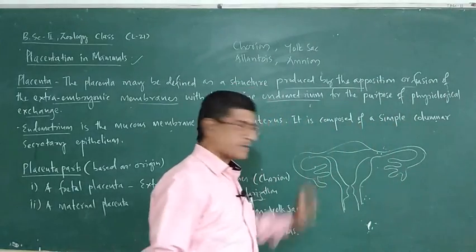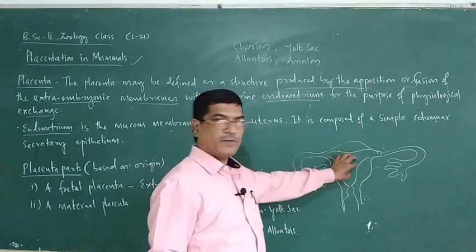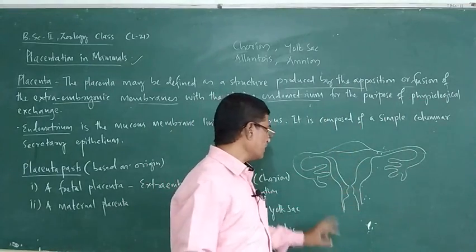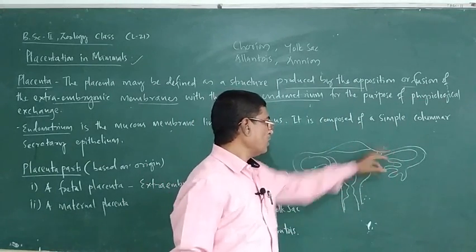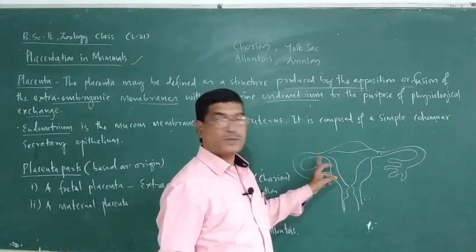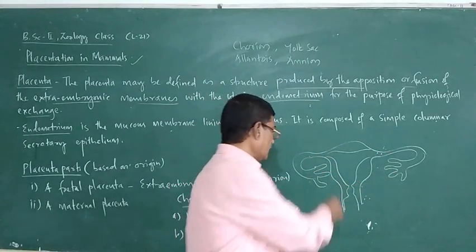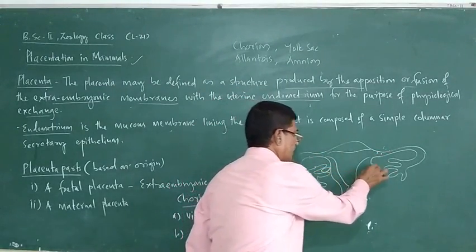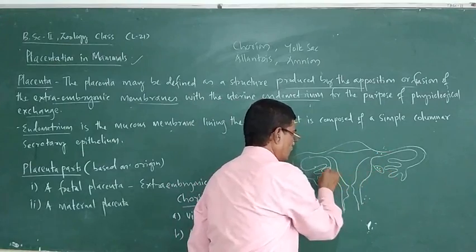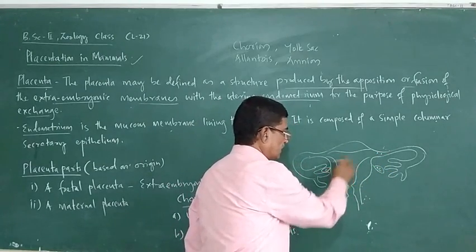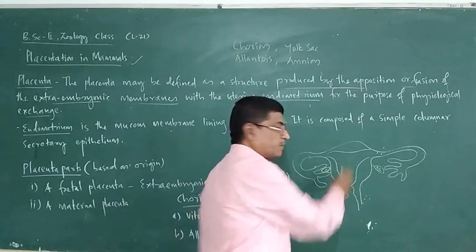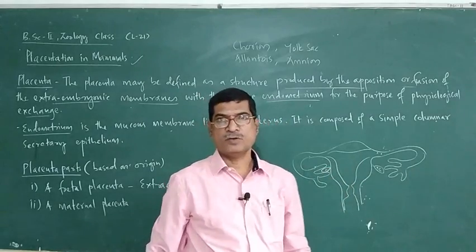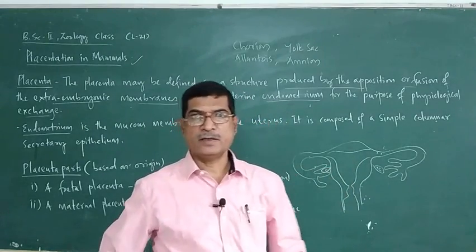So this is the uterus, cavity of the uterus. These two are fallopian tubes, and here ovaries are present, this side and this side, two ovaries are there. This is the cavity of the uterus. This is the place where embryo development occurs in human beings.